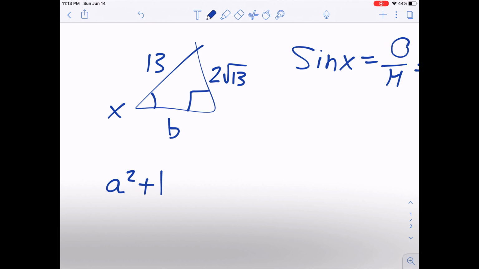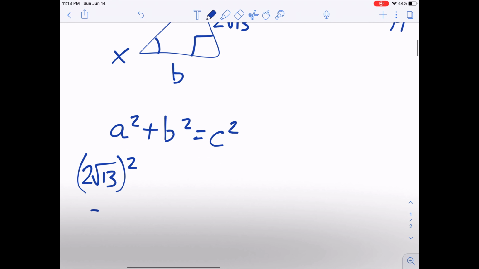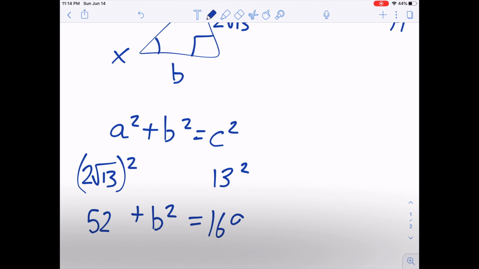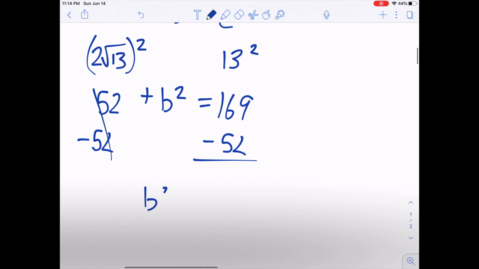a squared plus b squared equals c squared. The a squared is going to be 2 radical 13 squared, and that's going to be equal to 52, plus b squared, we're going to leave it the way it is. c squared is going to be 13 squared, which is equal to 169. We're going to subtract the 52 on both sides, and it's going to give us b squared equals 117.